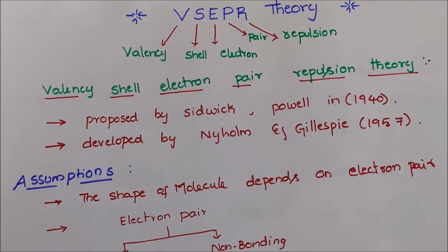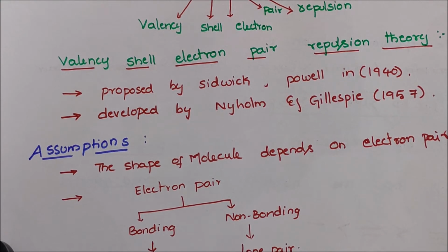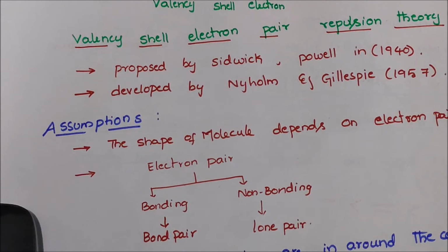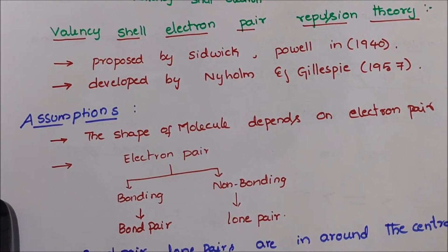The electron pairs which are involved in bonding are the bond pairs of electrons, and the electron pairs which are not involved in bonding are non-bonding, which represent the lone pairs of electrons.